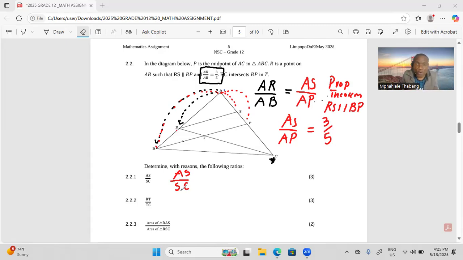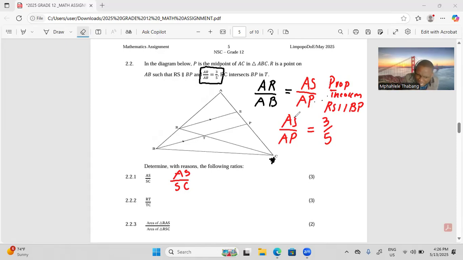So I don't have to stop with AS over AP. I have to come up with ways of finding this AS over SC. Don't worry, I'm here. Just move with me. Make sure that you are following. Make sure that you understand. How do we find this AS over SC now? We set AS over AP as 3 over 5.